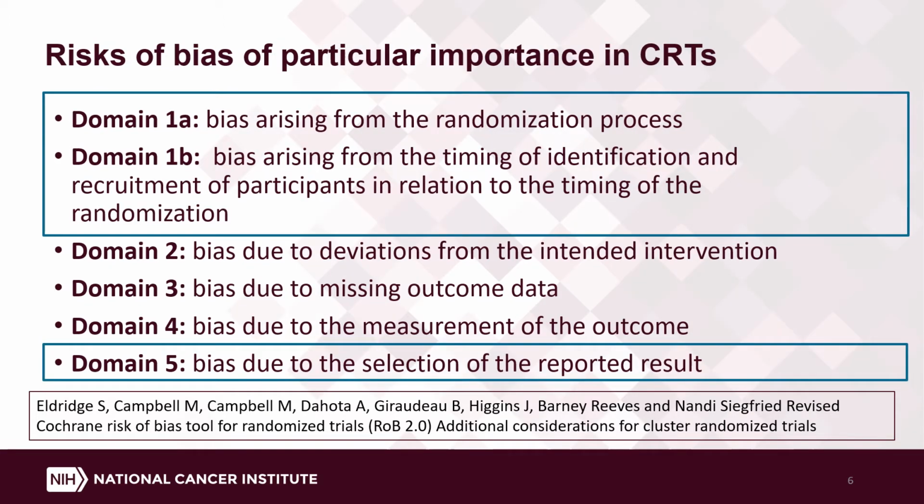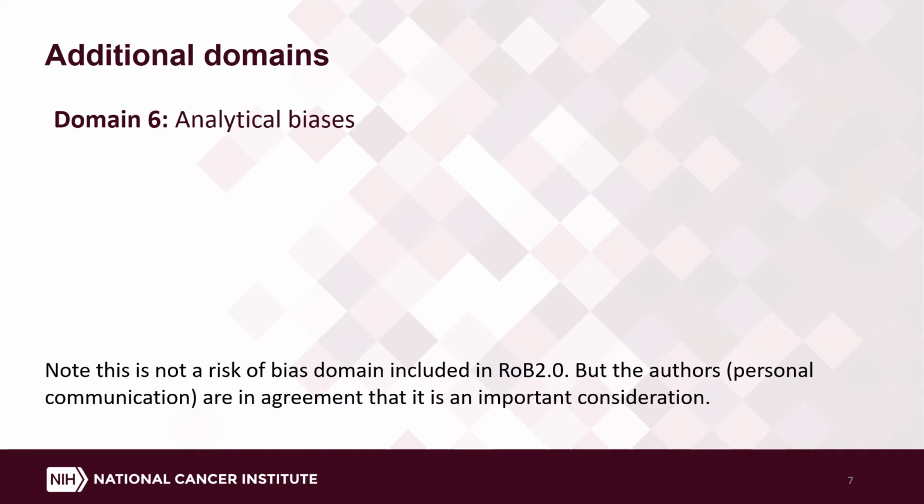So we're going to particularly focus on 3 of those that are of particular importance in cluster randomized trials. And this is domain 1A, domain 1B, and domain 5. So over the next few slides, we're going to take a look at each of those in turn to understand what they mean and how they could be mitigated. There's also an additional domain that we're going to consider.